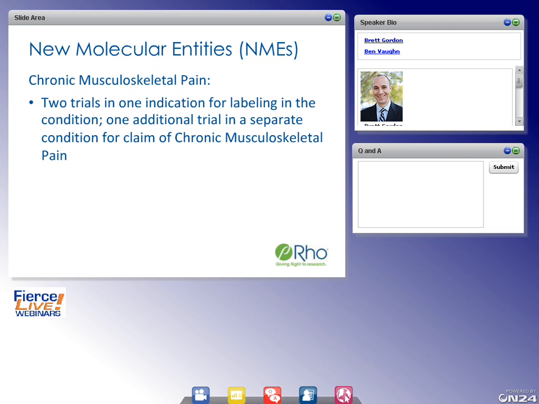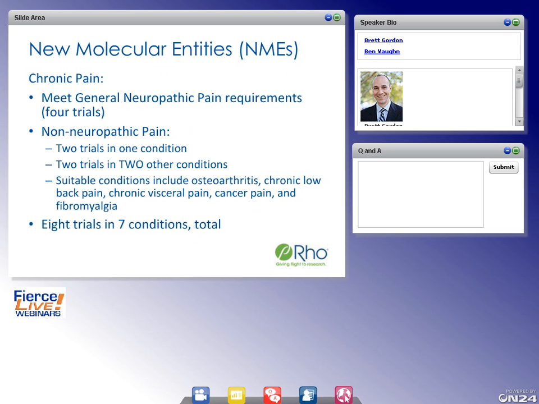And then finally, to get a general indication of treatment of chronic pain, which I guess in some ways is almost the holy grail of analgesia drug development because it's so hard to achieve, you would have to meet the general neuropathic pain requirements. So as we already discussed, that would require you to do at least 4 trials.